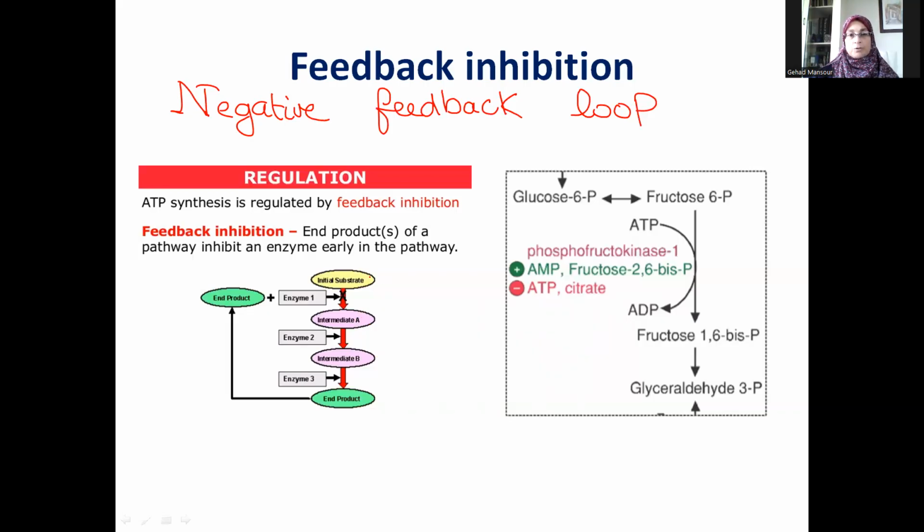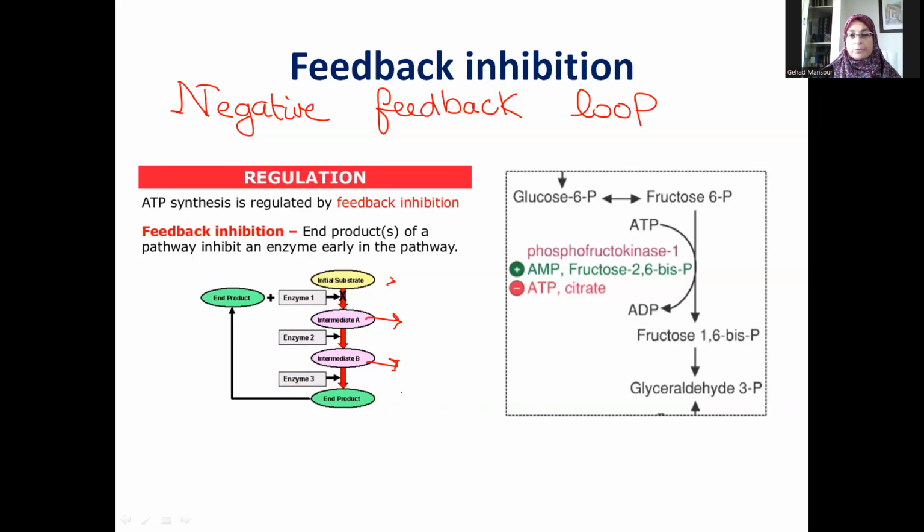Here we have the initial substrate, which is phosphofructokinase, and here is the biochemical pathway. You have intermediate A, meaning the first product, and then intermediate B, and so on. This is just a symbolic diagram. It does not exactly give you the number of chemical reactions, but here we have an end product.